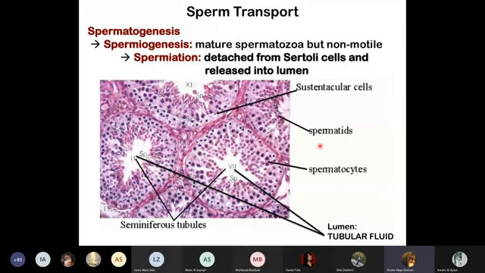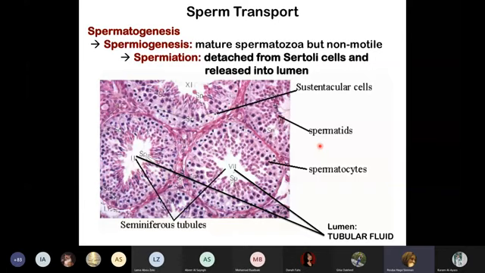However, after spermatogenesis, when the sperm undergoes spermiogenesis, which is the cytodifferentiation, it will lead to the formation of a sperm cell that is, we can say, a mature spermatozoa. However, it's not 100% mature.